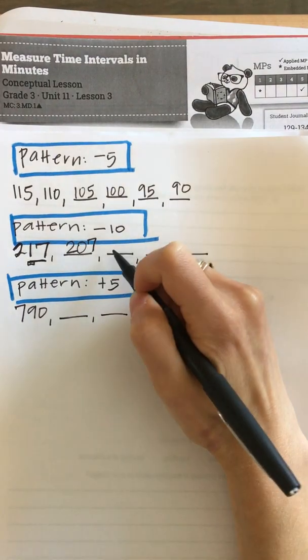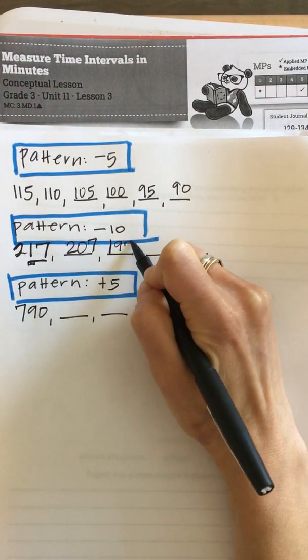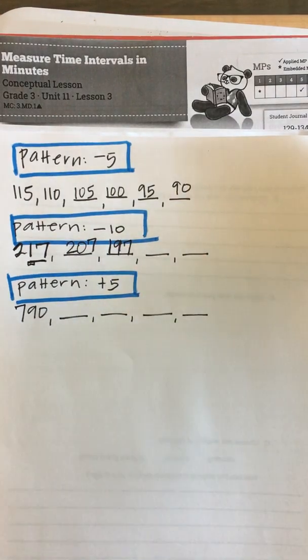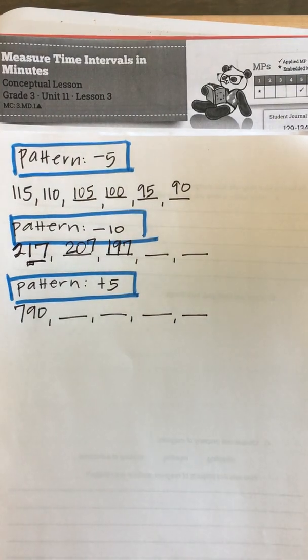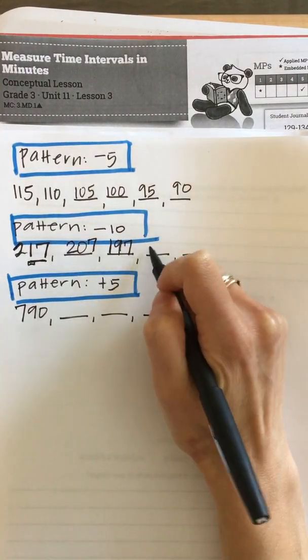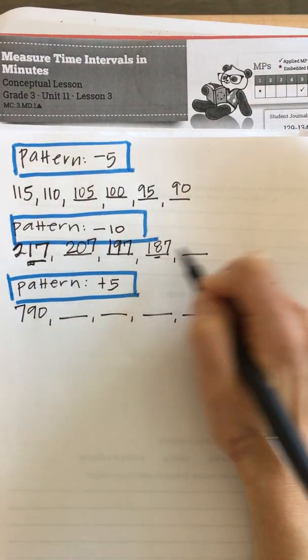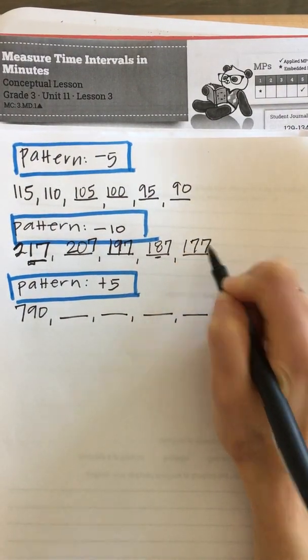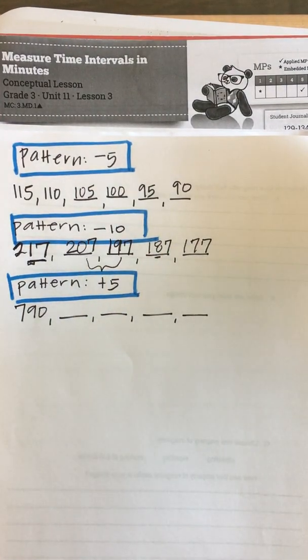So that brings us into the hundreds, 197. Okay, so 207 to 197. 197, take away 10, 187. 187, take away 10, 177.